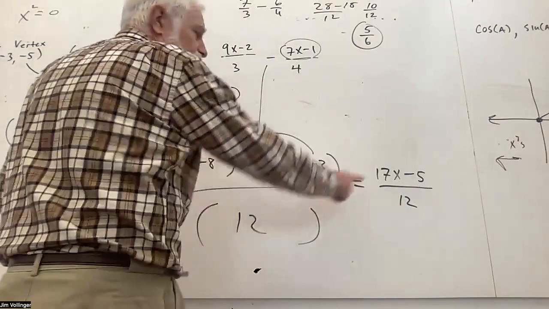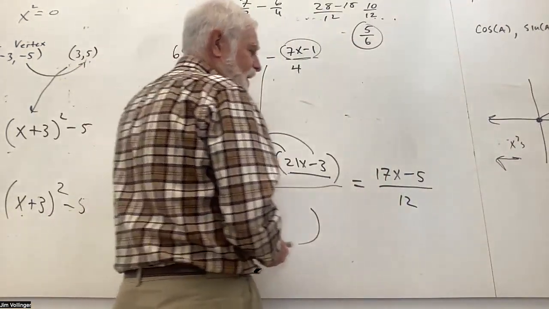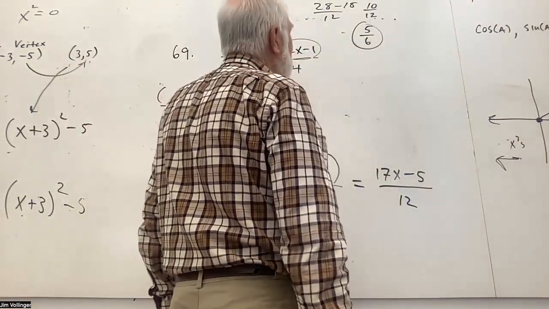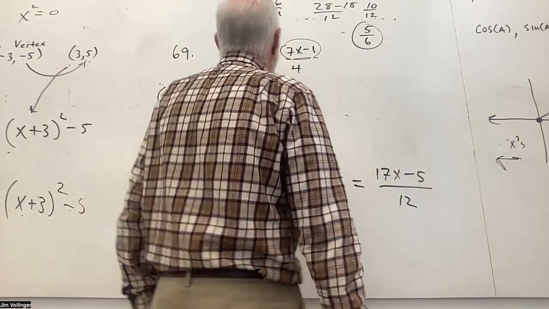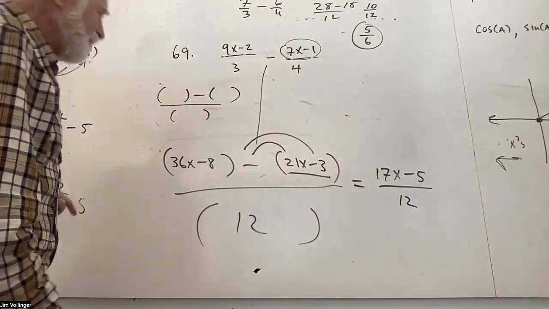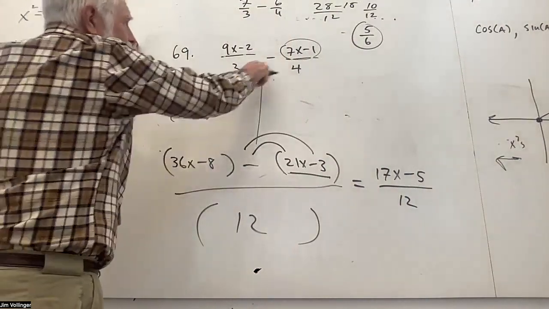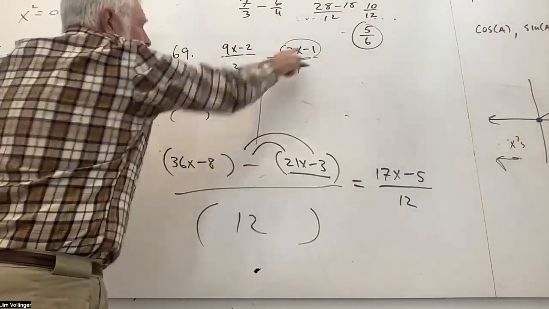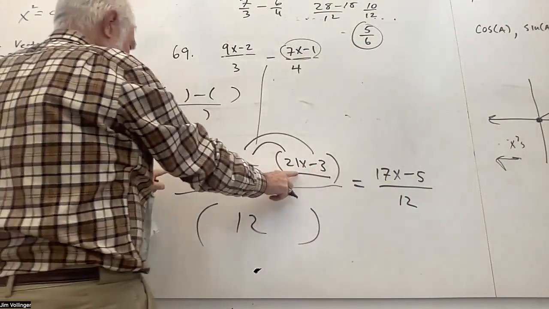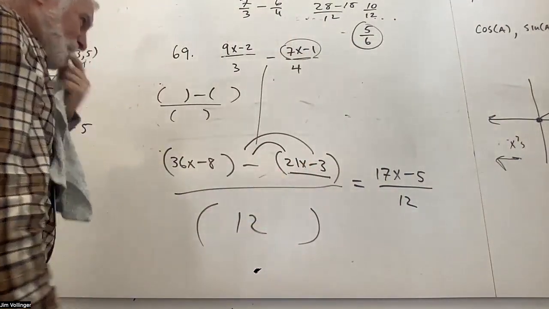Where was I? x equals 1. 17 minus 5 is 12 divided by 12. Did I make a mistake? Oh no. 36 minus 8. 21 minus 3. 36, 27 is 15, isn't it?